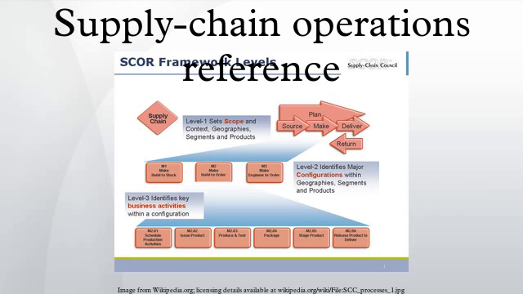References. Further reading: Peter Bolstorff, Robert Rosenbaum, Supply Chain Excellence: A Handbook for Dramatic Improvement Using the SCOR Model, AMACOM, American Management Association.